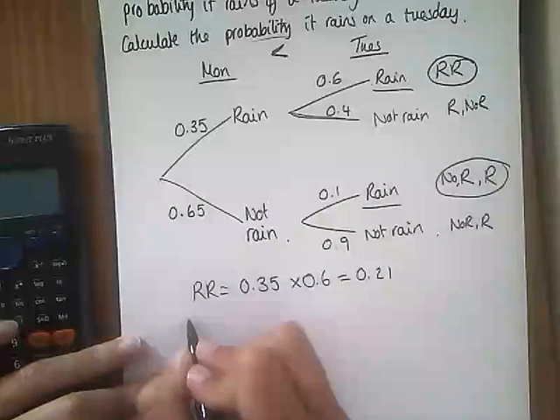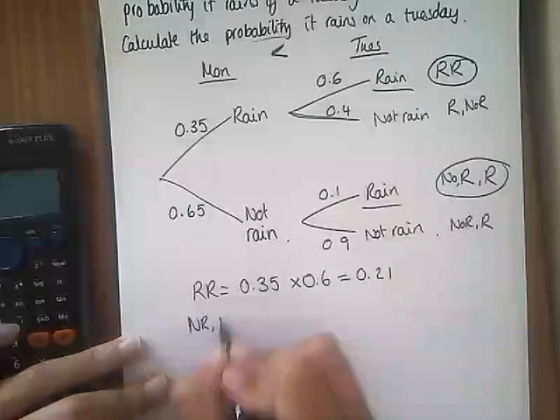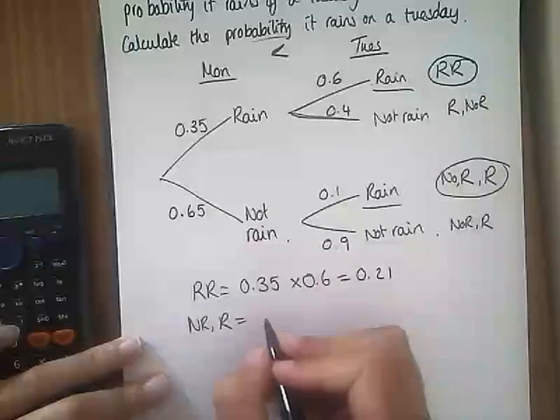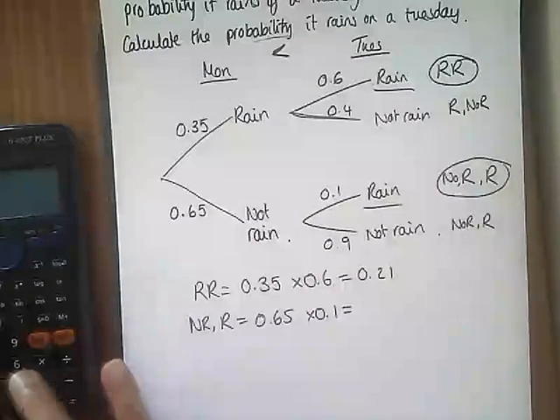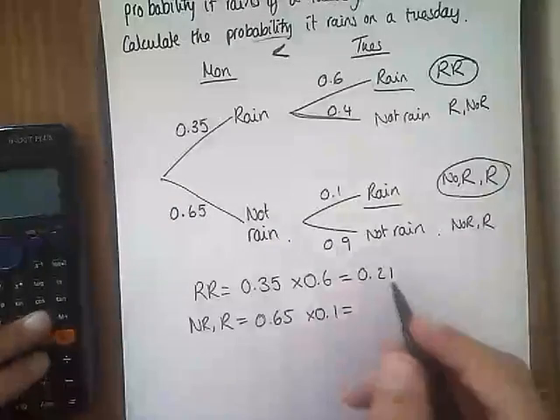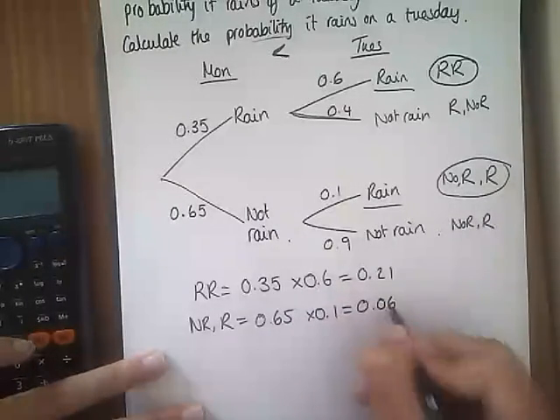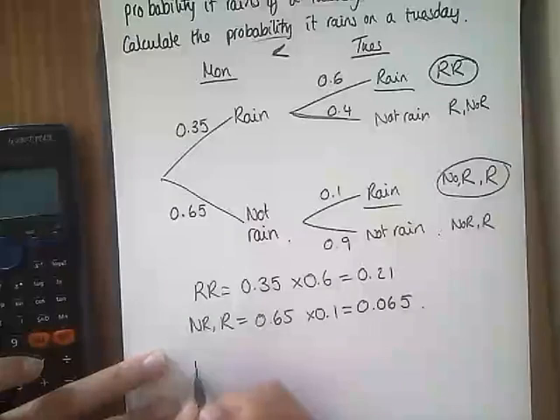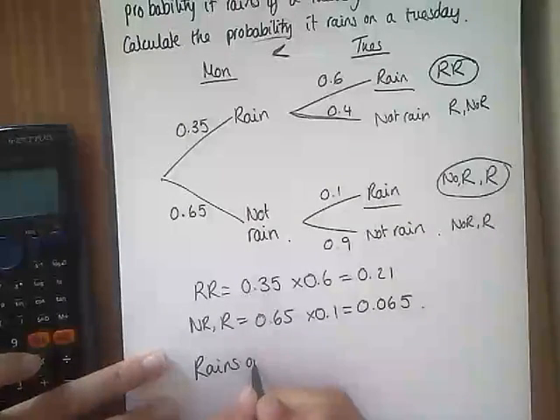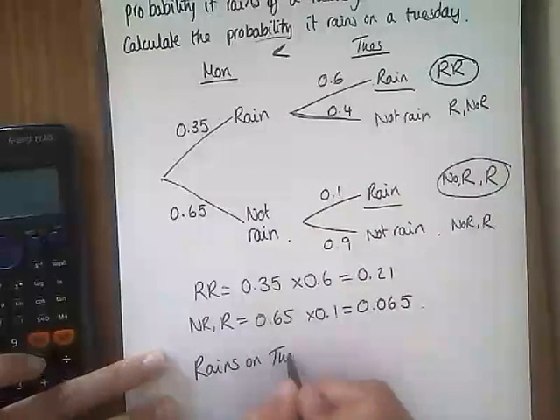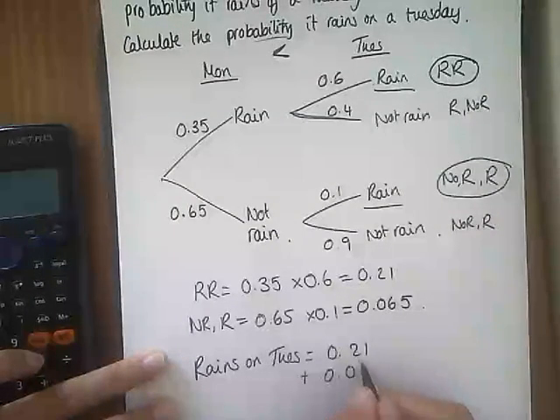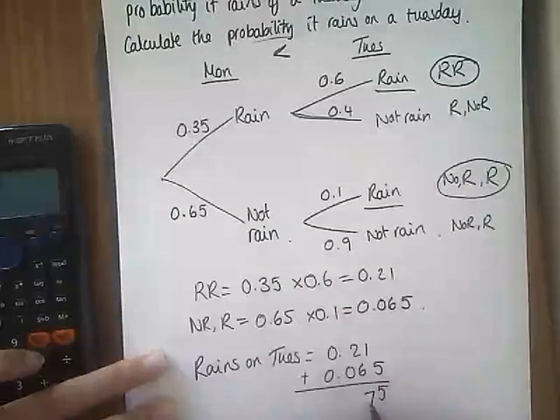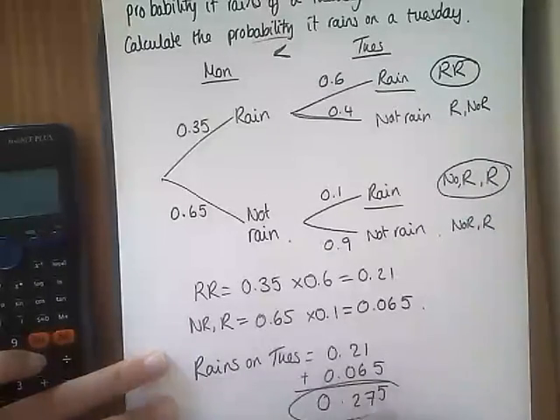The probability it doesn't rain on a Monday and then it rains on a Tuesday is 0.65 times 0.1, and that is going to be 0.065. So the probability it rains on a Tuesday is either of those two options, so we're going to add them together. 0.21 plus 0.065 gives us 0.275.